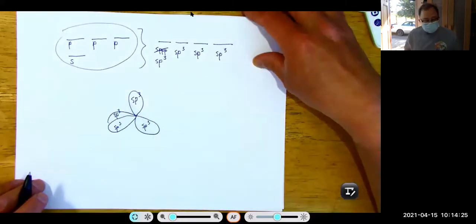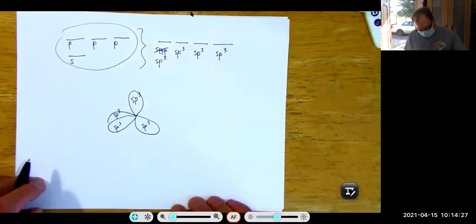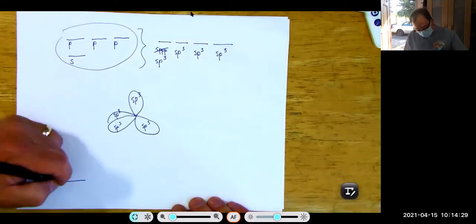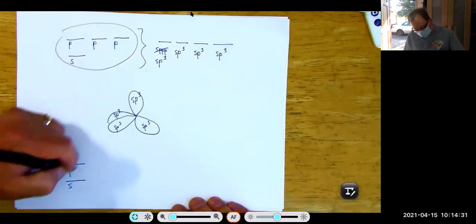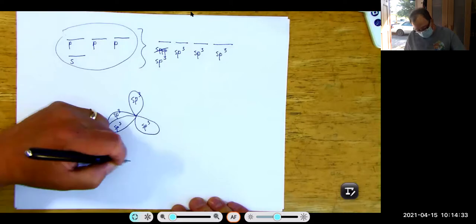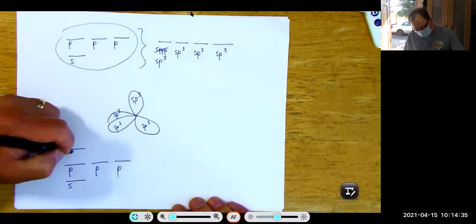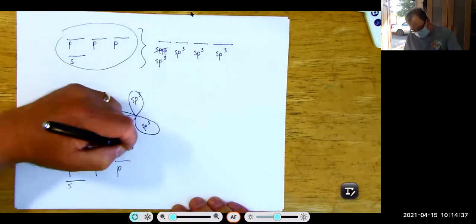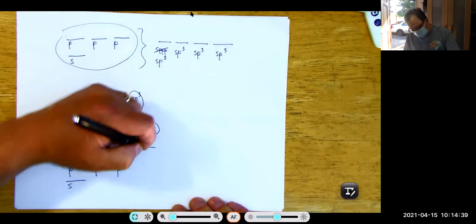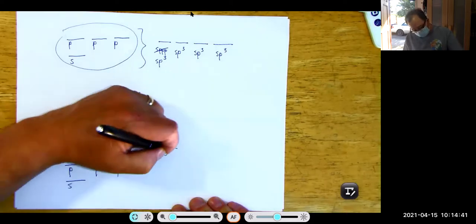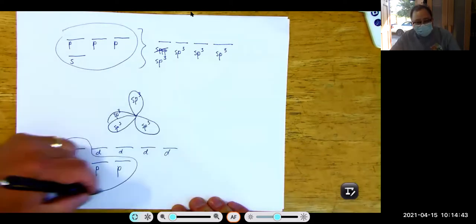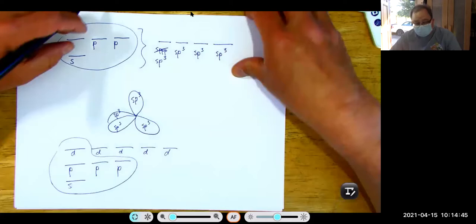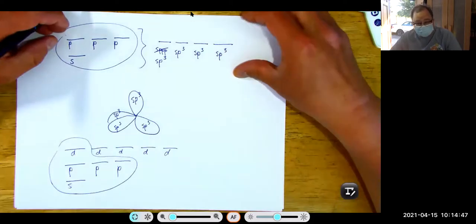And then what about the next one? So you have an s, a p, a p, a p, and a d, and we're going to hybridize these. So you'll notice whenever you hybridize, what do you hybridize first? Those most stable orbitals.